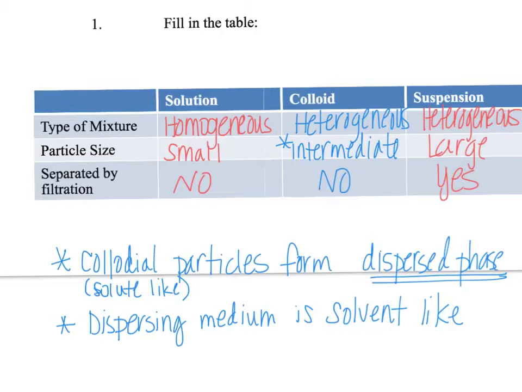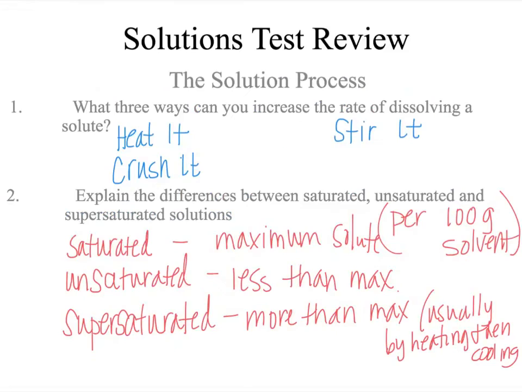So in the case of fog, the water molecules that we see would be the dispersed phase in the air, and then the dispersing medium, which is solvent-like, would be the air itself. So I wanted to make sure you understand that the colloidal particles form the dispersed phase, and the dispersing medium is like a solvent when we're talking about solutions.